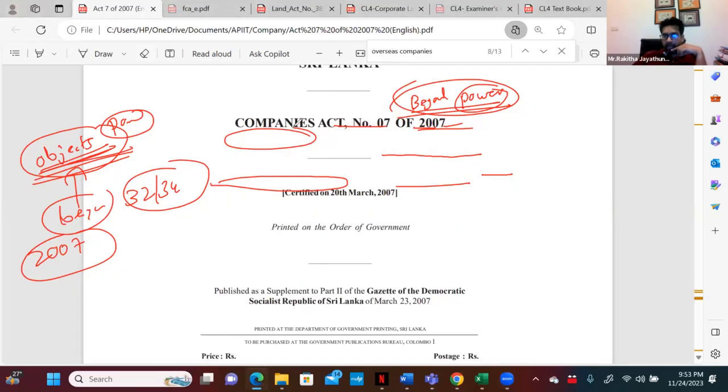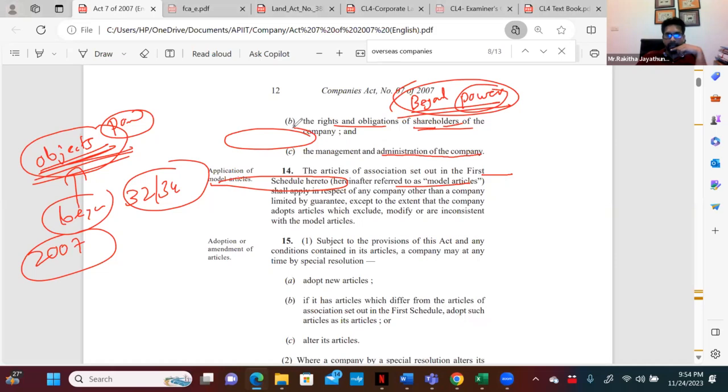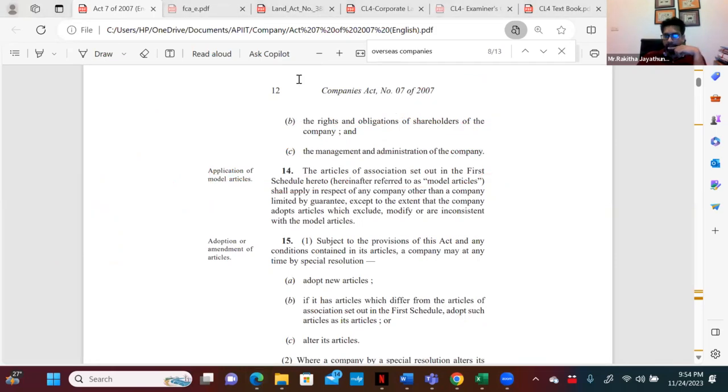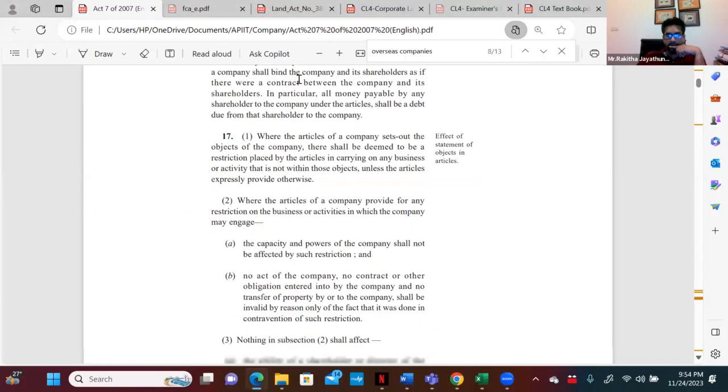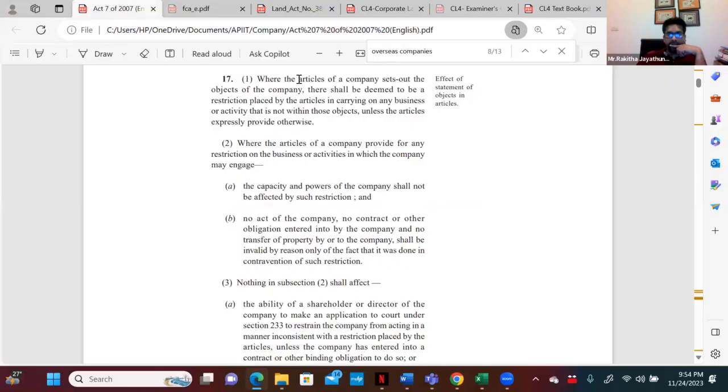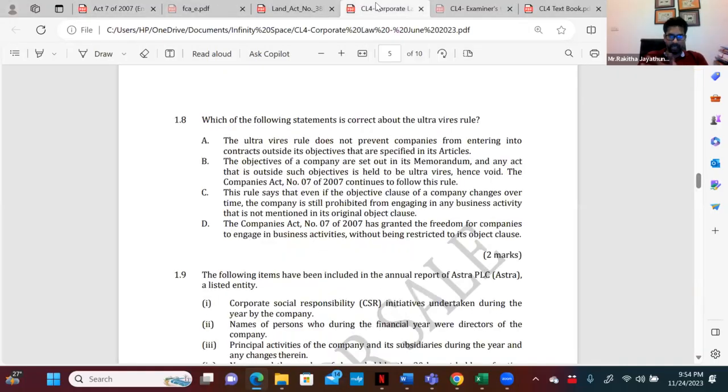There's a separate chapter for articles of association here. Section 17 here: the effect of statement of objects in articles. So this is based on section 17, but you don't have to mention the section here. You have to just pick the correct answer.